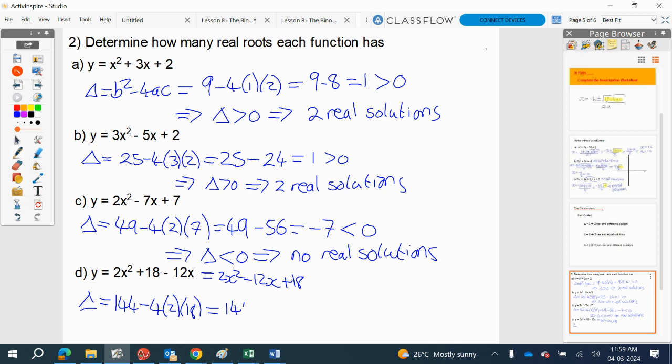So 144, 8 times 18, 144. What does this imply? So if the discriminant is equal to 0, one real solution.